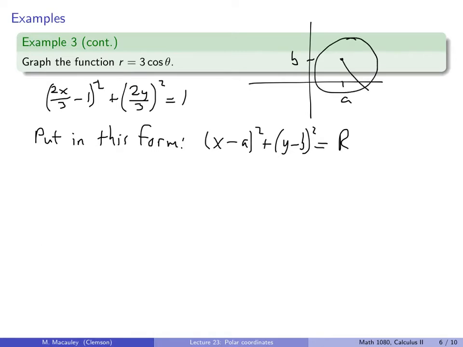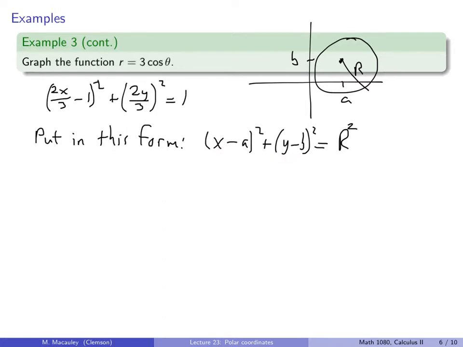So maybe that's not the best picture, but you get the idea. If it were just x squared plus y squared equals r squared, that would be centered at 0. But all this does is shift it a to the right and b up.